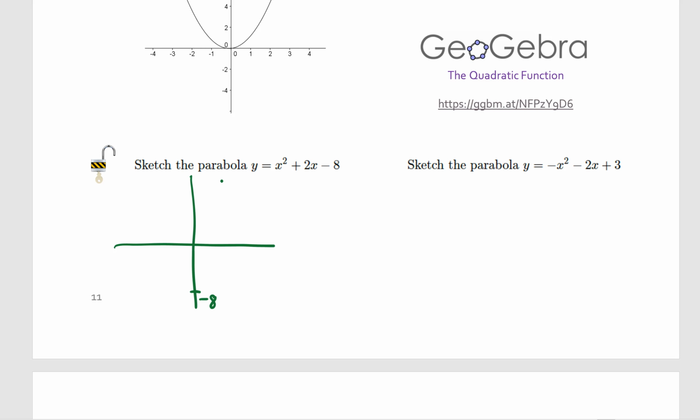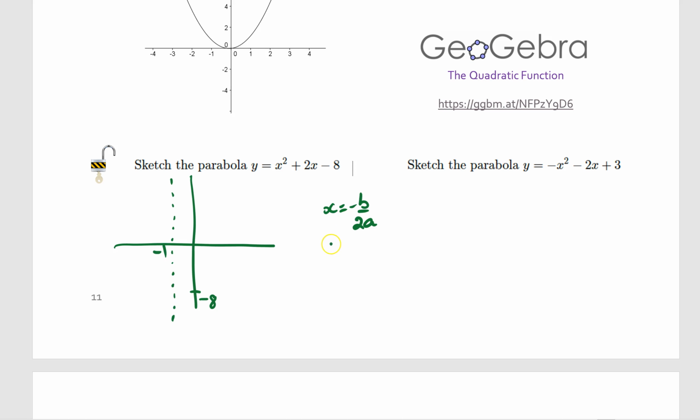So we've got options. We can use x equals -b on 2a to get the axis of symmetry. So that would be -2 on 2 times 1, so -2 on 2, which is -1. So that's the axis of symmetry here at -1.